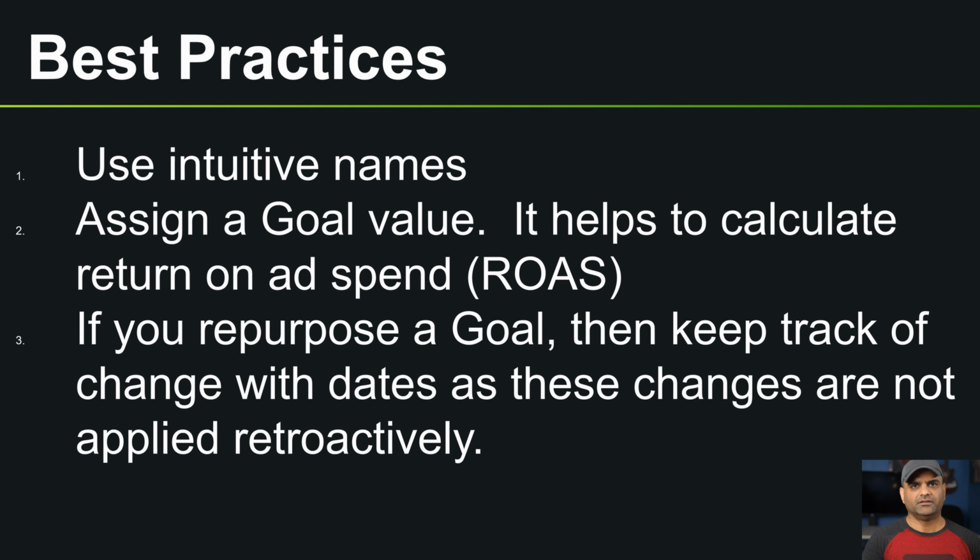Since you cannot delete a goal, you can either disable it, stop recording it, or you can repurpose a goal. With that, you should keep track of when you modified a goal. So for example, let's take a duration goal. Initially, you were tracking conversions, that is number of users who viewed your website for 1 minute or more.